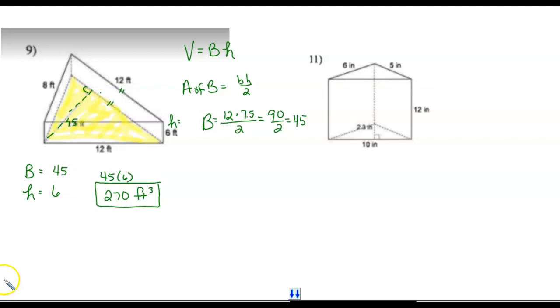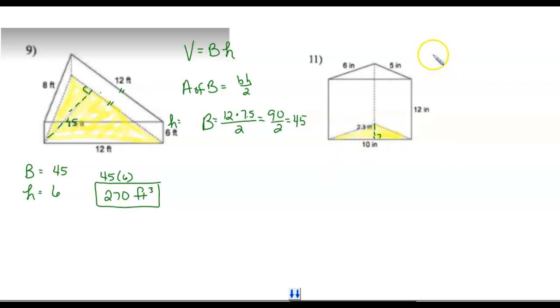We take a look at number 11. I have a triangular prism, and I need to determine what my base is. And so I'm going to use this as my base. This is the height of my base, and it is 2.3.